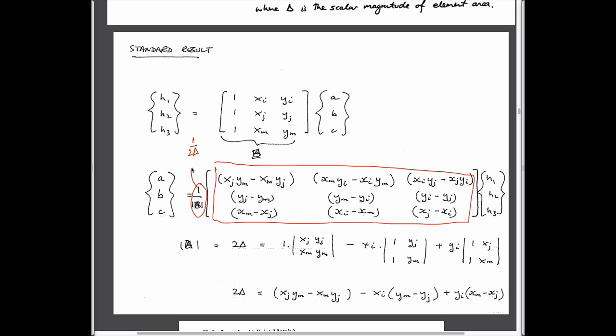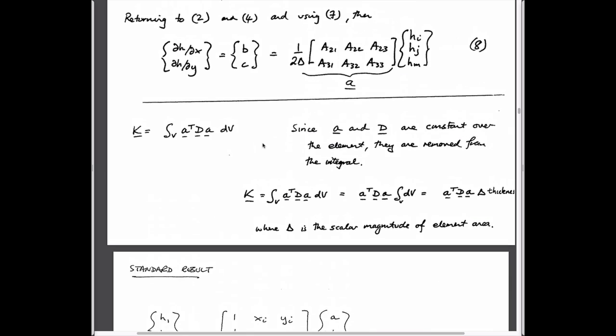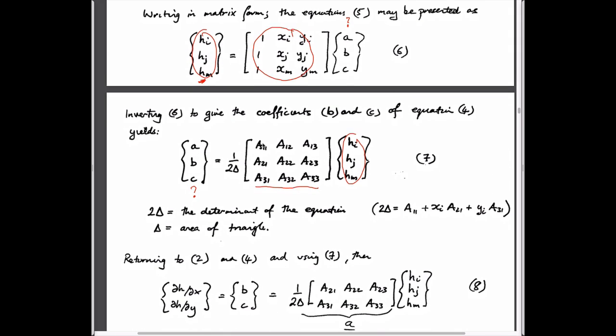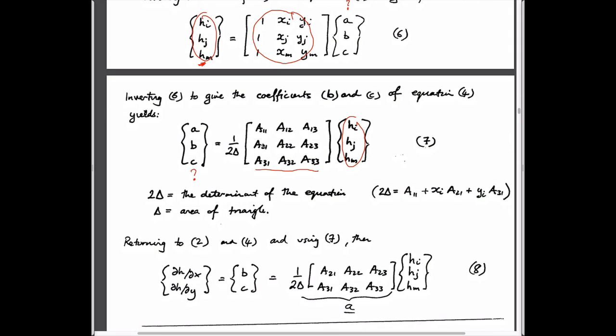And so the reason that the nodes are numbered counterclockwise is that when you calculate the determinant from nodes that are numbered counterclockwise, it gives you a positive value for the area. If you number them clockwise, then the value of the area that you get is negative, and you just have to put a minus sign. So the reason for the convention is just so you get a positive area out of the system. And so now we know immediately what these terms are. They're just numbers that we can calculate from the nodes. This is 2 times the area of the triangle element.